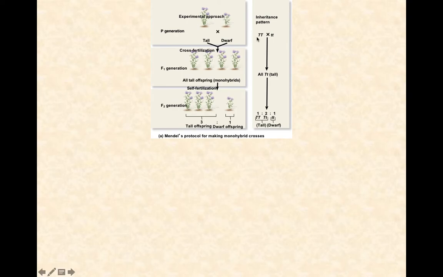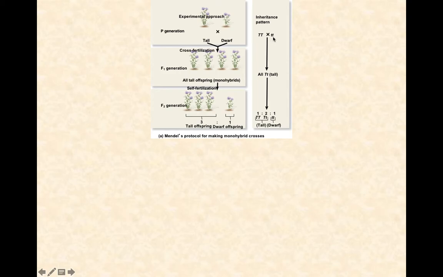In this case, there was one copy it received from one parent, one copy it received from the other parent, and it happened to be the same copy. It happened to be an allele for the character of height that coded for the trait tall. They got a tall allele and a second tall allele. No wonder when these guys were self-crossed and crossed with siblings, they were pure breeding. You got nothing but tall, because the only DNA present are tall genes.